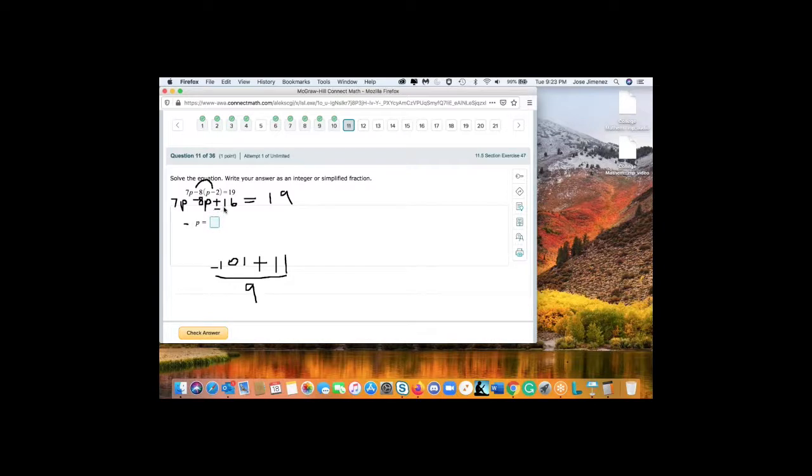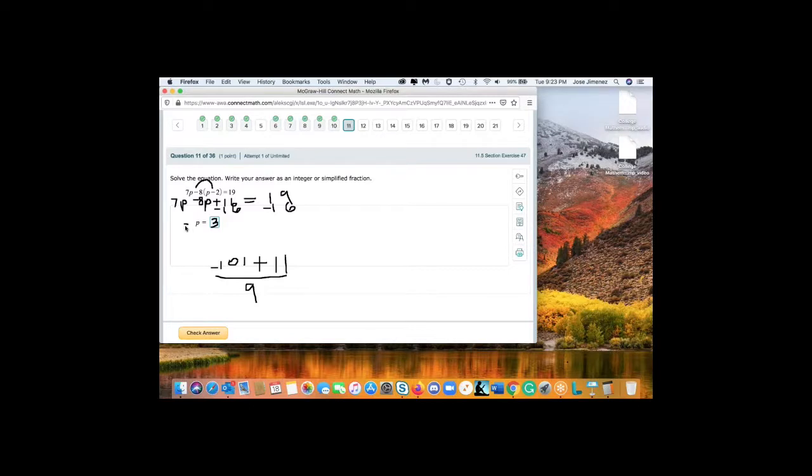But then I subtract 16 on both sides. That gives me 3 on the right side. But since I have only one negative, then the answer is negative.